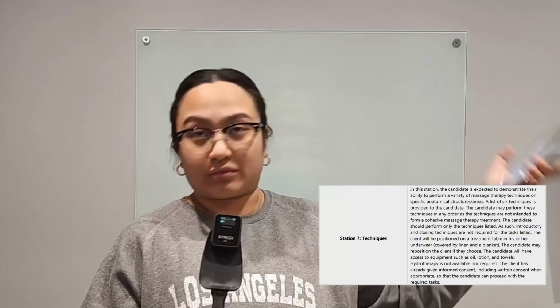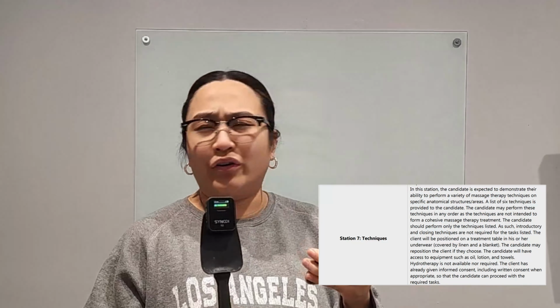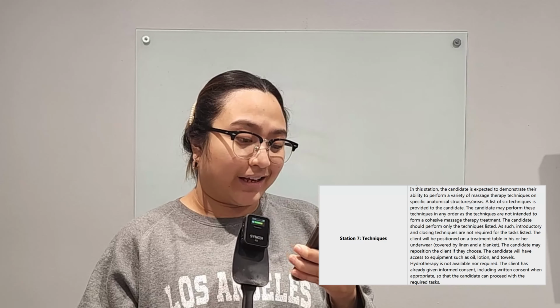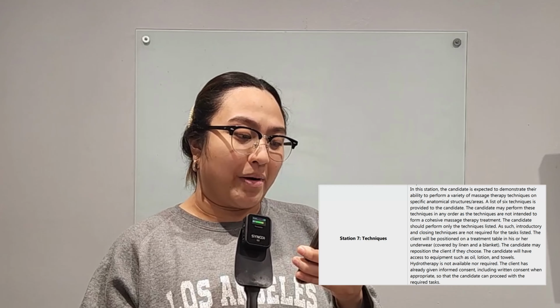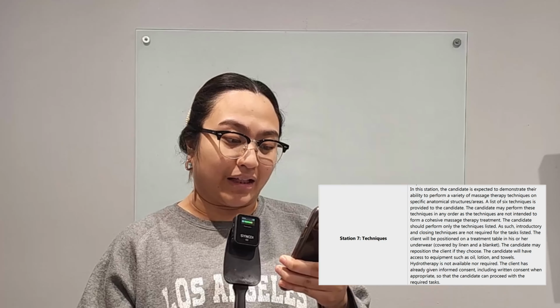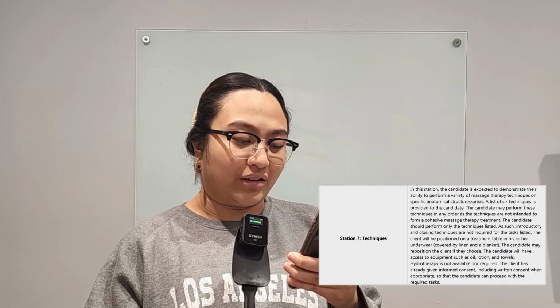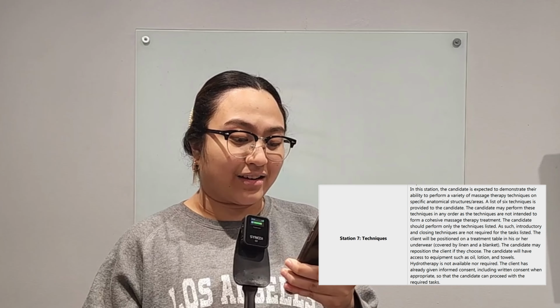It means it's like a remix. You don't need to be very specific on how you would perform it. Any order, as the techniques are not intended to form a cohesive massage therapy treatment. The candidate should perform only the techniques listed. As such, introductory and closing techniques are not required for the task listed.